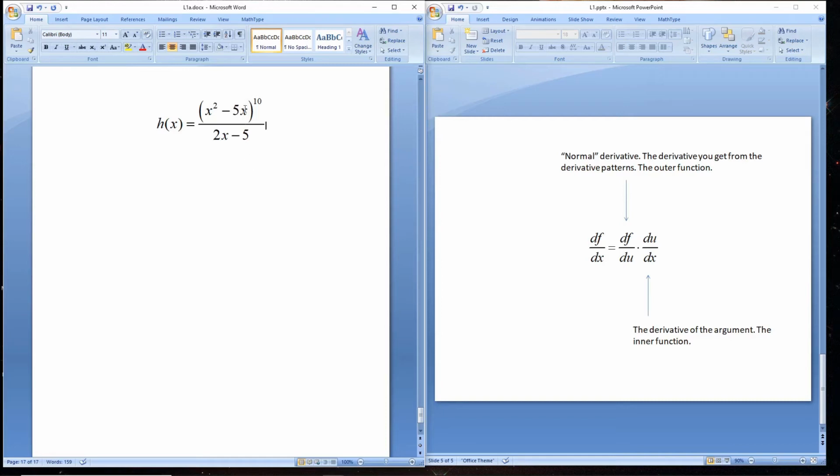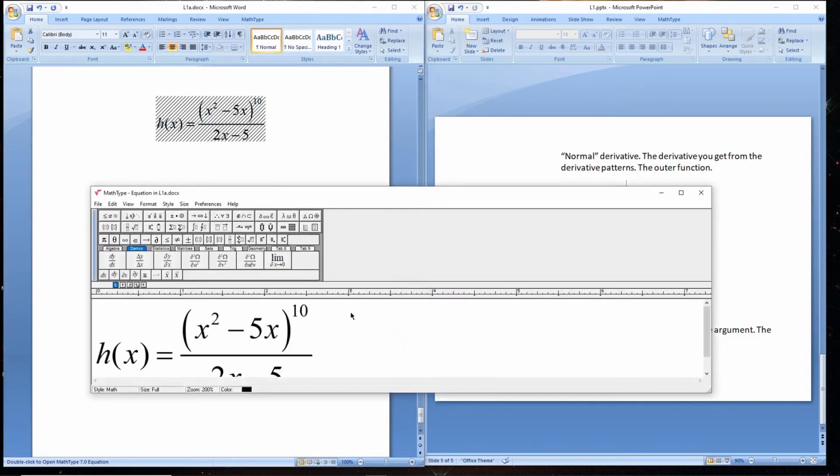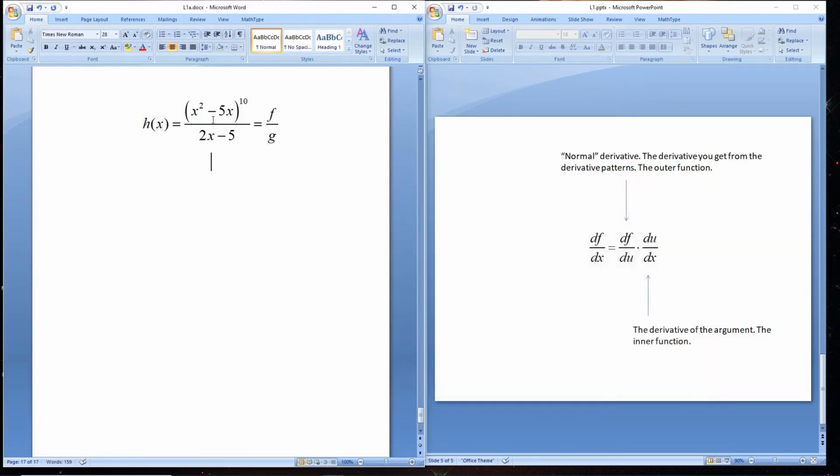In the numerator, we have a power function going into a power function. And this is all divided by another power function and a constant. Now the division bar here, we have a function divided by a function. So that's how we know we have to use the quotient rule here, because we have a function divided by a function.